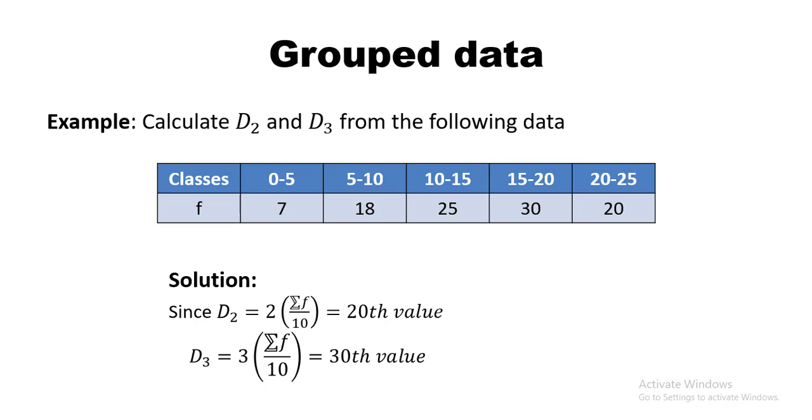So for the class we use this part of the formula, that is 2 times summation f by 10 and 3 times summation f by 10. That will be the position that we need to look for. The second decile is the 20th value and the third decile is the 30th value.